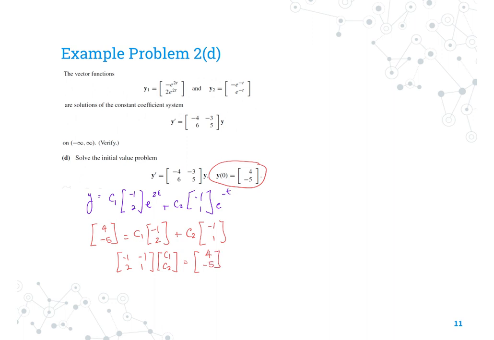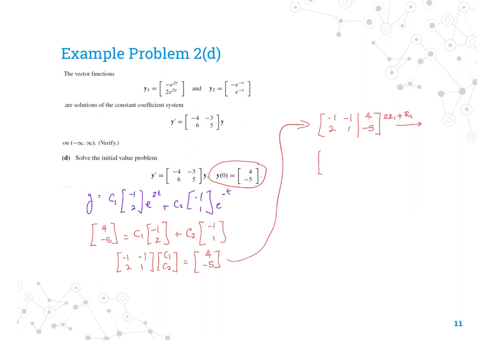I am going to bring it up here where we have a little more space and rewrite it as an augmented matrix. So we have negative 1, negative 1, and 4, and then 2, 1, and negative 5. First transformation: 2 times row 1 plus row 2 to get a 0 in that first entry on the second row.